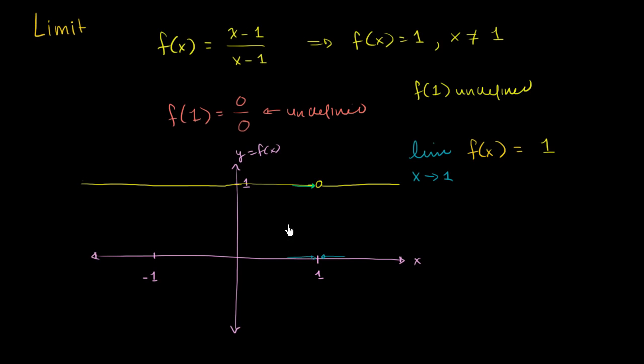Let me do another example where we're dealing with a curve, just so that you have the general idea. Let's say I have a function, and for the sake of variety, let me call it g of x.